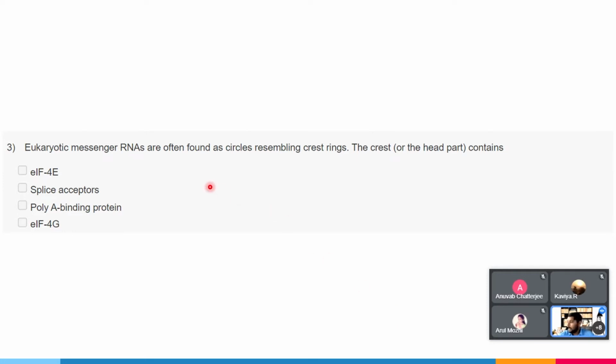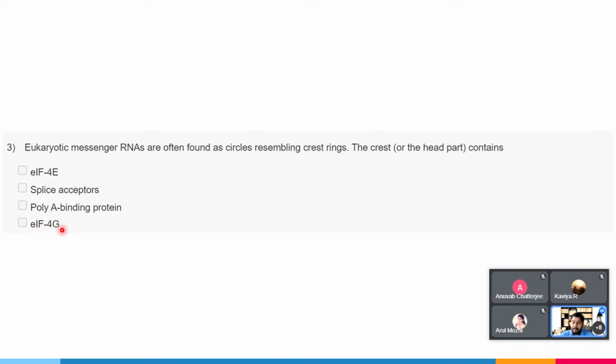The question asks us, eukaryotic messenger RNAs are often found as circles resembling crest rings. The crest or the head part contains, there are four options. First is eIF4E, splice acceptors, poly A binding protein, and eIF4G protein.